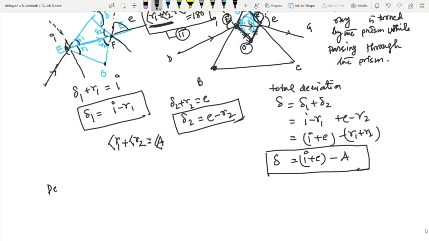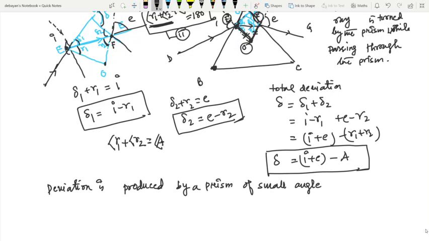That is, deviation is produced by a prism of small angle, that is, a very thin prism.